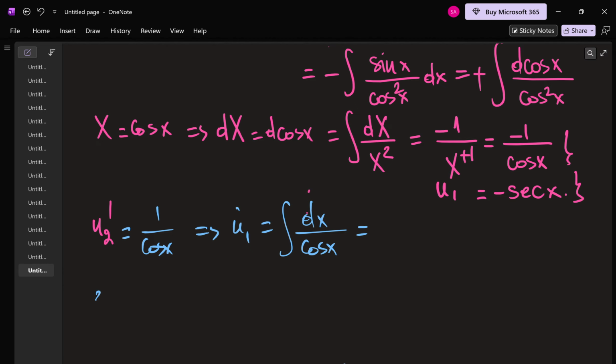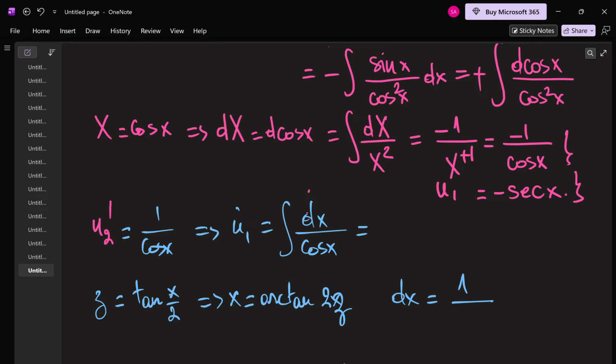So put the change z is equal to tangent of x over 2. So this gives you that x is actually arc tangent of 2z.